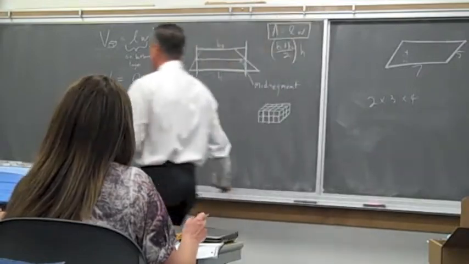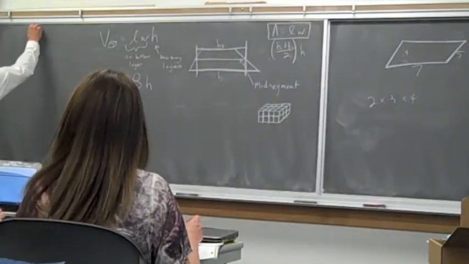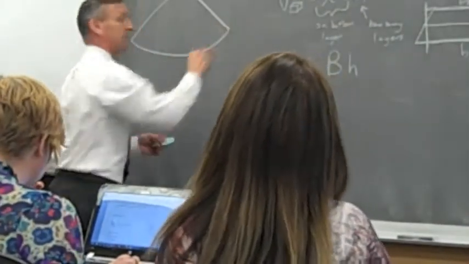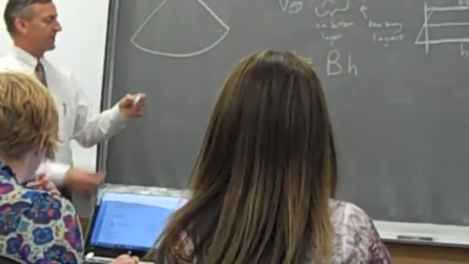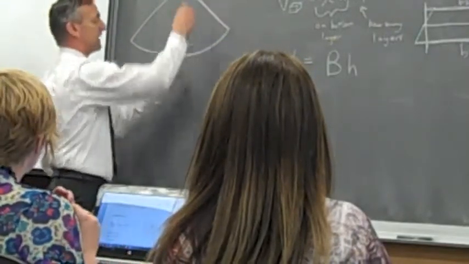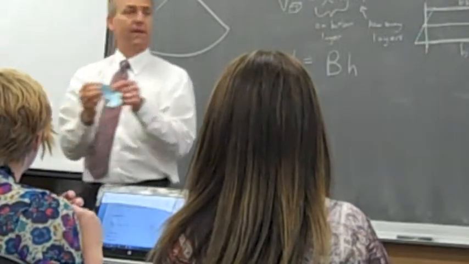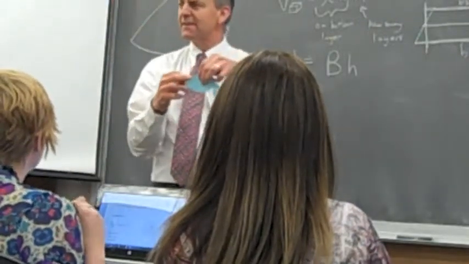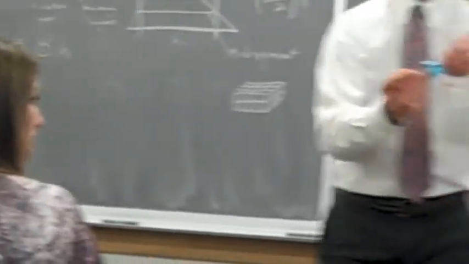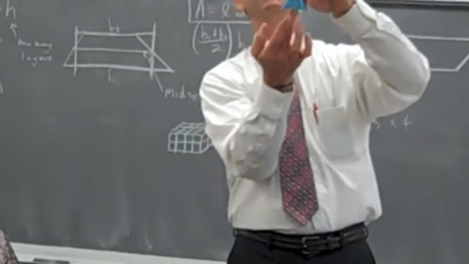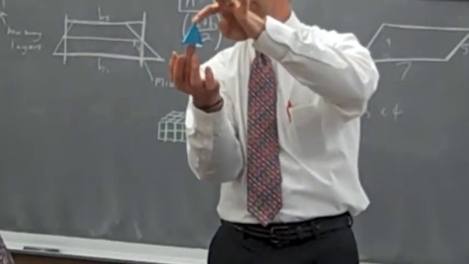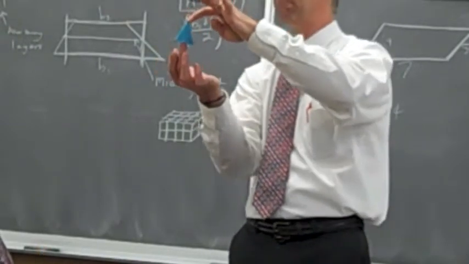I'm going to draw it up here. It looks something like this, right? And you'll notice that if I fold this back, this length here is what? It's the slant height. When you're talking about a cone, the height is the distance from the center of the circle to the apex of the cone, or the vertex of the cone.